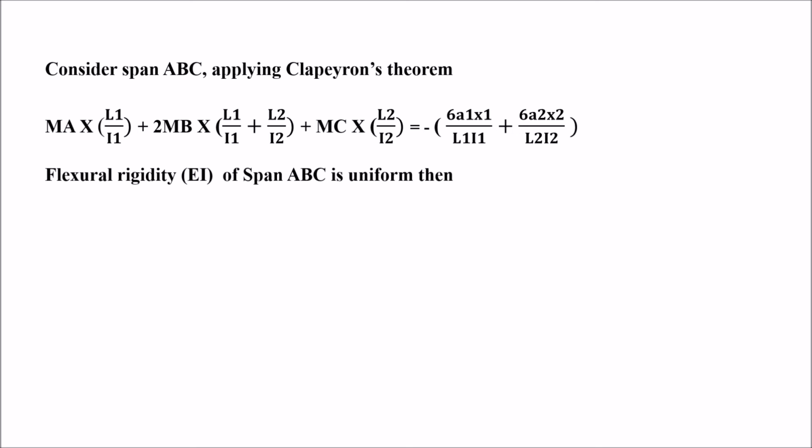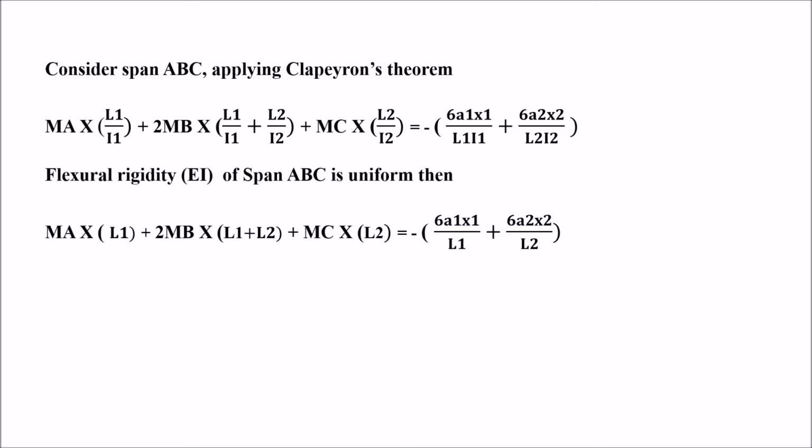When the flexural rigidity EI of span ABC is uniform, the equation is MA into L1 plus 2MB into (L1 plus L2) plus MC L2 equal to minus into bracket 6A1 x1 bar upon L1 plus 6A2 x2 bar upon L2, bracket close.